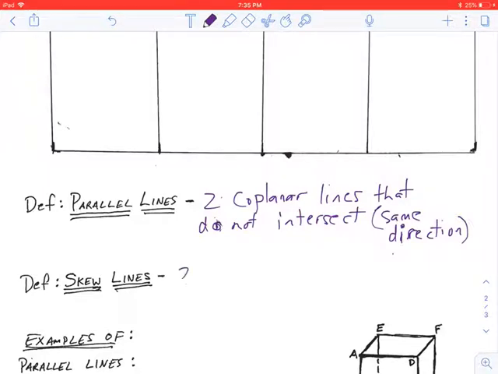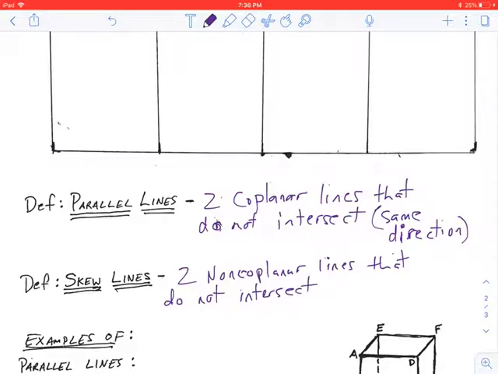Skew lines are two non-coplanar lines that do not intersect and they're not parallel. Okay, that's parallel and skew.